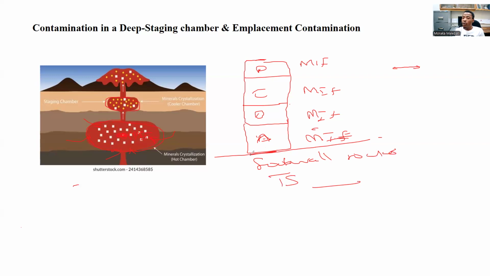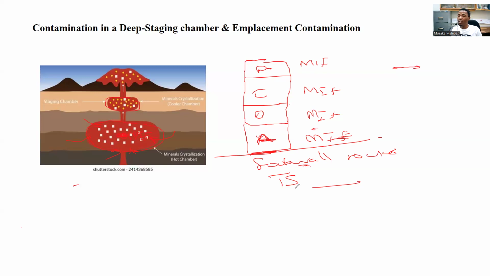So even if we see this MIF from the lower units, which are in contact with the footwall rocks, which we know also contain MIF, and also the upper sequence contains MIF, then we understand that no, this is not contamination by these footwall rocks during the emplacement.